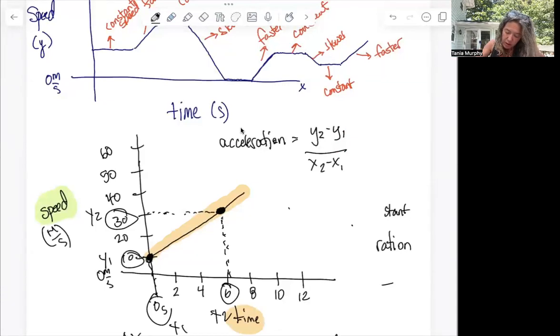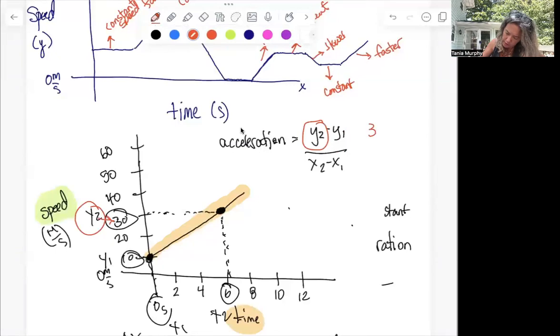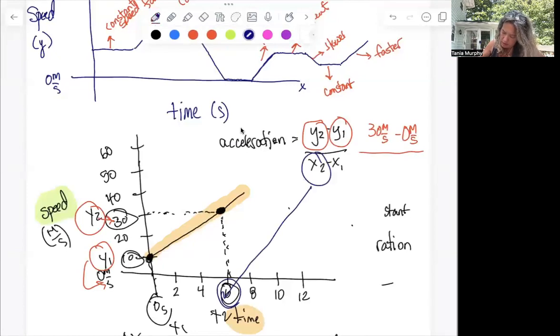I'll do red. Y2 is 30, so that's 30 meters per second minus Y1. Y1 is 0 meters per second, over my time: X2 down here, 6 seconds, minus X1 down here, 0 seconds.